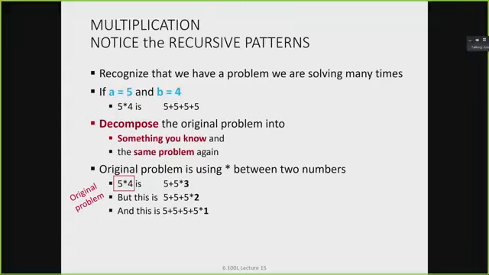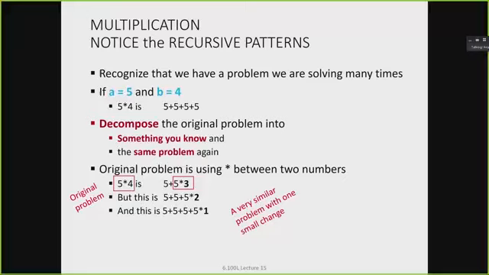I'm going to take a 5 out and add it to 5 times 3. This is my recursive pattern. I'm using the star operator between 5 and some number, but if I extract a 5 out, I can use the star operator between 5 and a slightly smaller number, 1 less than 4.